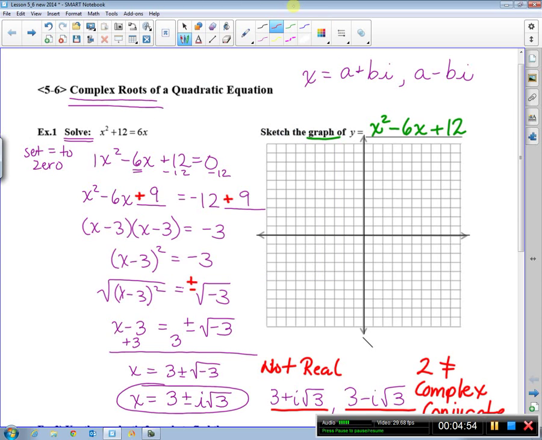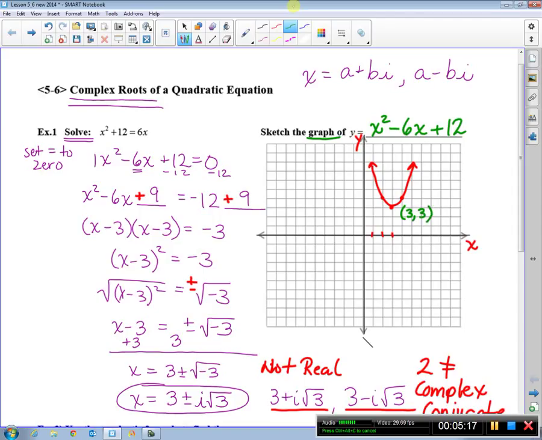So here, 1, 2, 3, and we had a sketch just like that. Let's label x and y. Okay, very good. So again, our vertex, our turning point was at 3, 3.